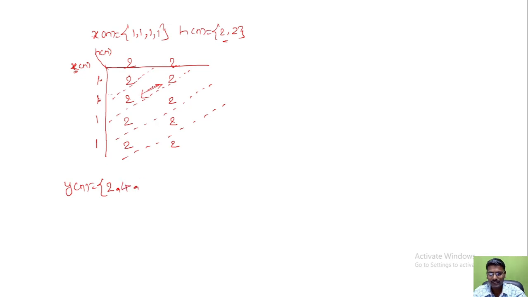Similarly for this diagonal, 2 plus 2, I will get 4. Next, here 2 plus 2, I will get 4. And at the last diagonal I have only one value, so I write 2. So this is my output y of n when I convolve x of n and h of n: 2, 4, 4, 4, 2.